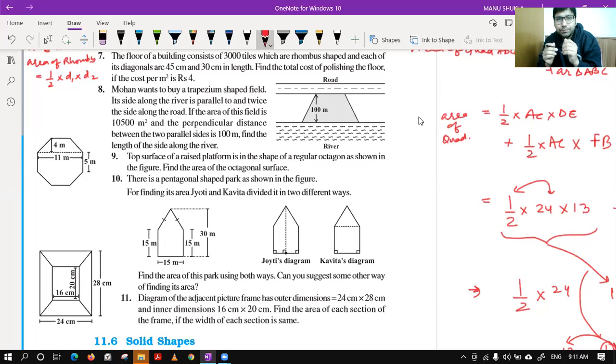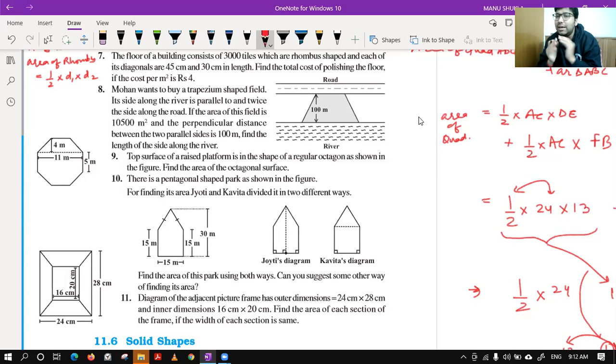Now see, they are saying, find the total cost of polishing the floor if cost per meter square is rupees 4. So tell me, if you want to find the cost of polishing the floor, what you need to find first?